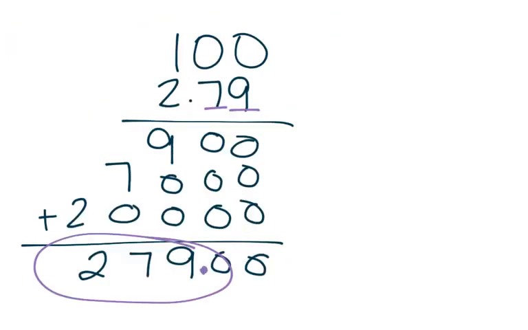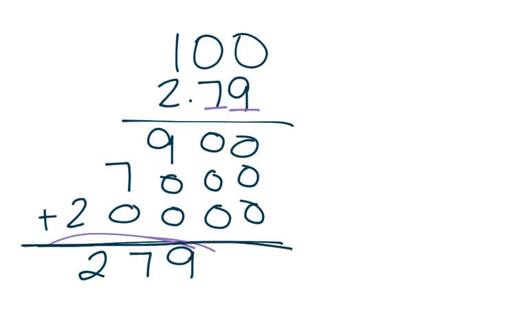Same answer. Now you may be wondering about the zeros here. Well, there's no numbers after them, so we can actually just completely ignore them because they're acting as placeholders. And again, you can erase the decimal because it's understood to be there. So your answer is 279.